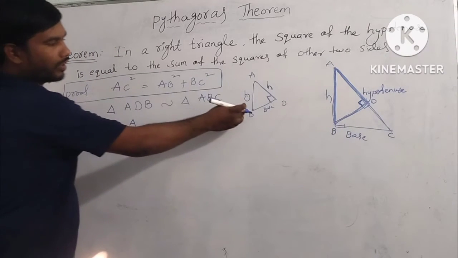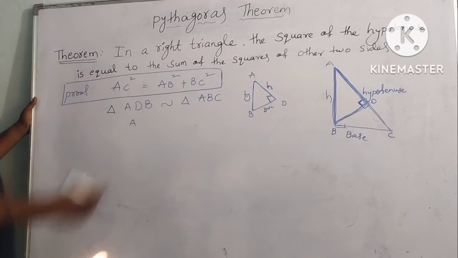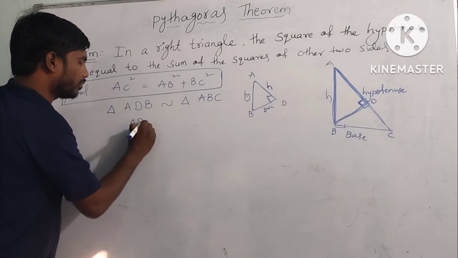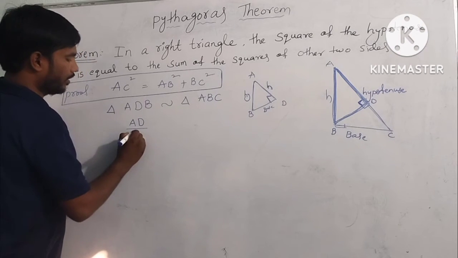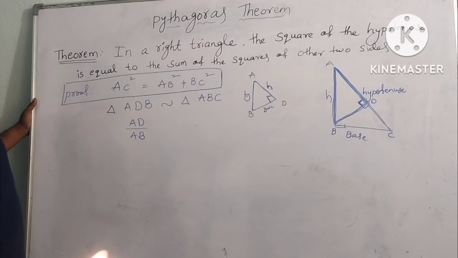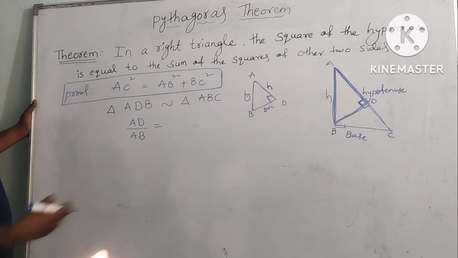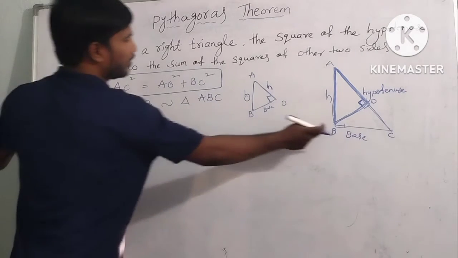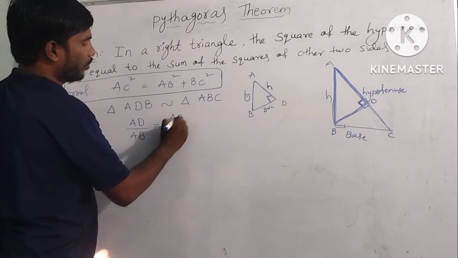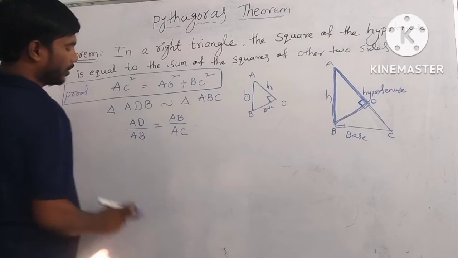The height of the bigger triangle is AB. The hypotenuse of the smaller triangle is AB. The hypotenuse of the bigger triangle is AC.